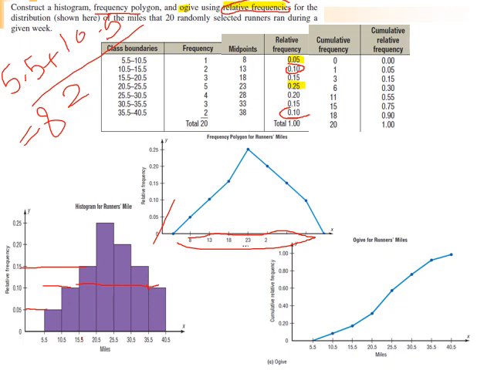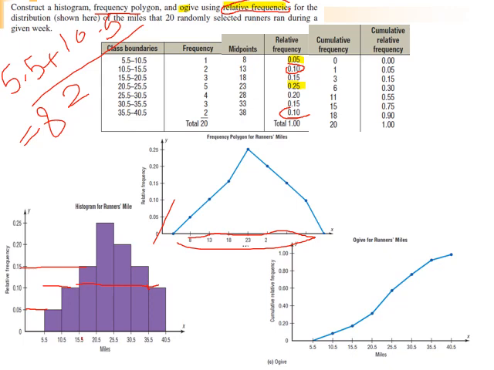And we'll put the values for the relative frequency on the vertical axis and the midpoints on the horizontal axis, and we will plot the values in front of each midpoint.